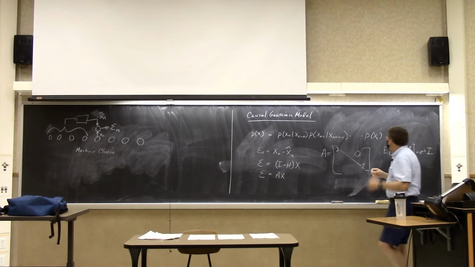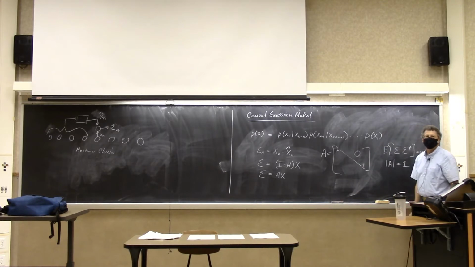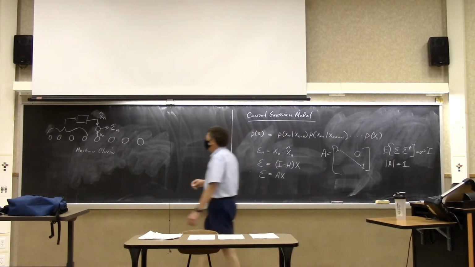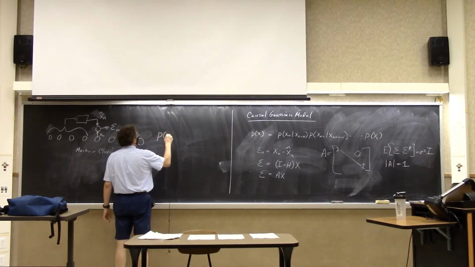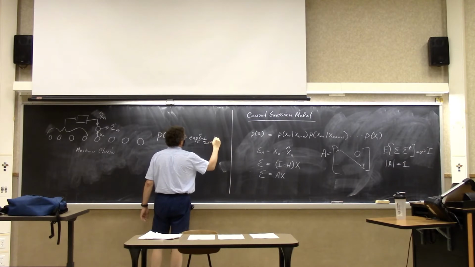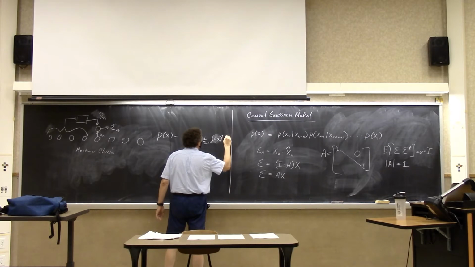Now, the other important thing is that the determinant of A equals 1. Because the determinant of A equals 1, it's much easier to write down the probability distribution. P of x is equal to the exponential of minus 1 over 2 sigma squared, x minus A... no, I'm sorry, it's equal to AX transpose AX.